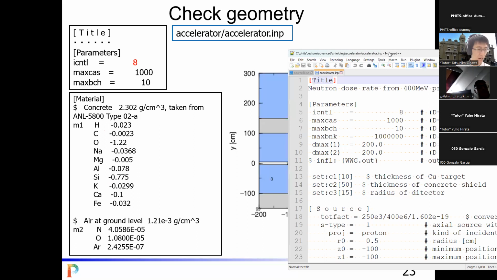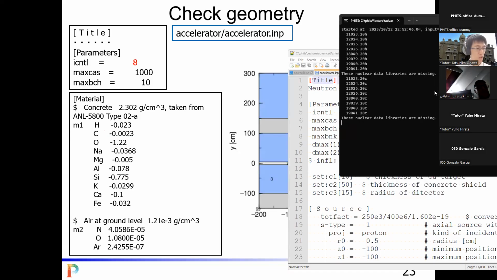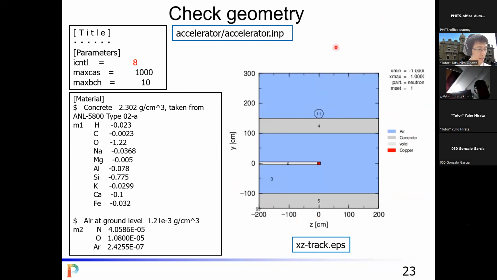By running this input file without changing anything, you might see some messages, but don't care about them. Anyway, the geometry is plotted, and the geometry is shown as an EPS file.